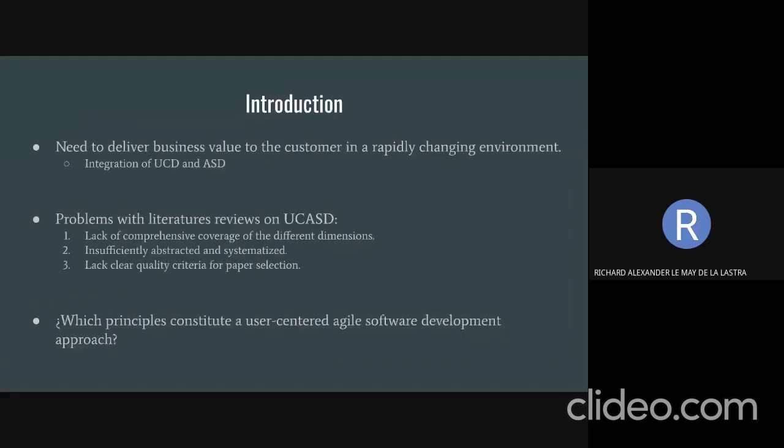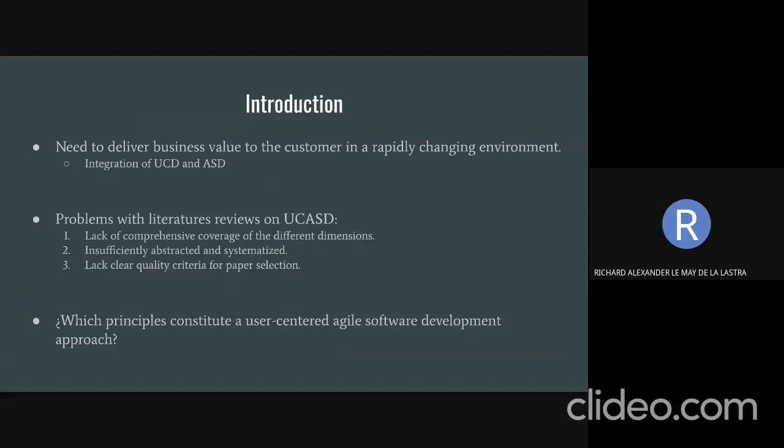The literature that the paper reviewed suffers from several shortcomings. Number one, existing reviews lack comprehensive coverage of the different dimensions of UCASD. They mainly focus on the actual software development practices to be used and rarely describe further dimensions.